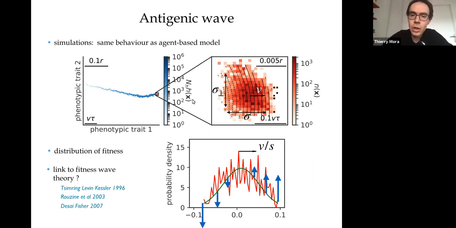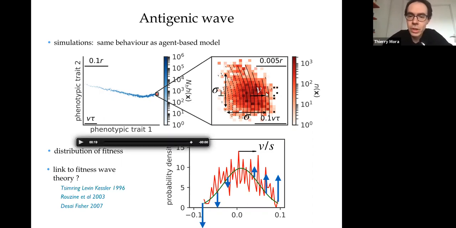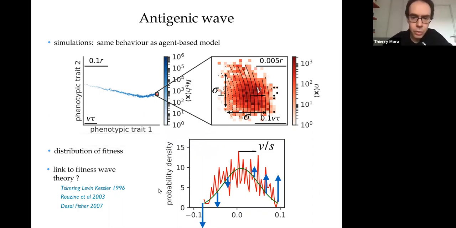So you can view this as a projection onto the x-axis of this distribution here, because the immune trail creates a fitness gradient, which is shown by these lines here, that make it more advantageous for these few strains here than for those in the bulk. And this is the nose of our antigenic wave, right? Which is the counterpart of the nose of the fitness wave. And because this fitness wave theory is well established, we can build upon existing results.